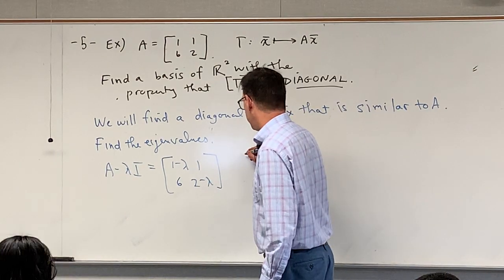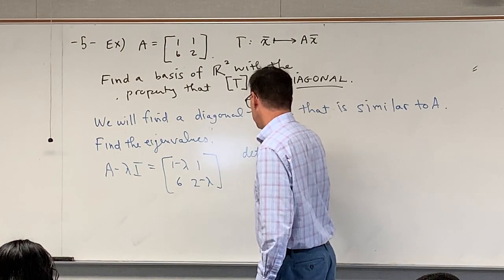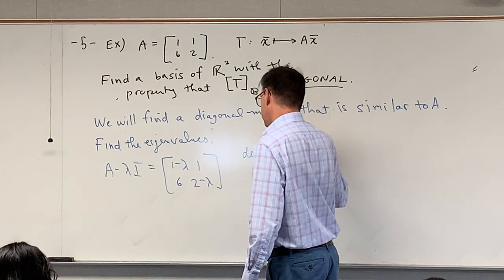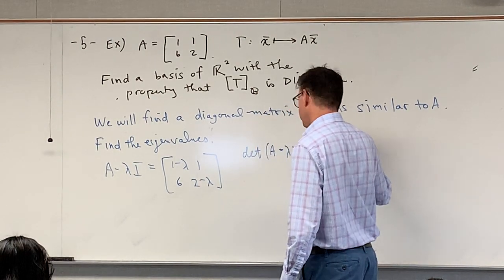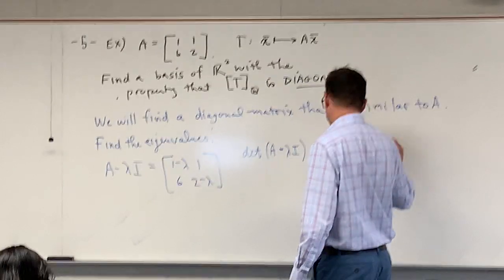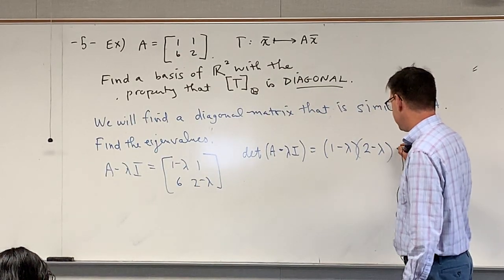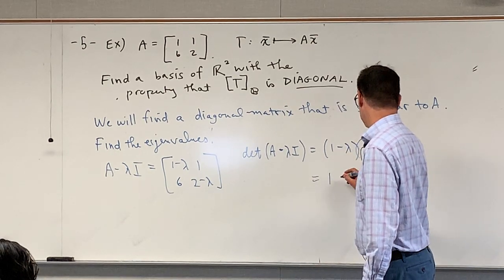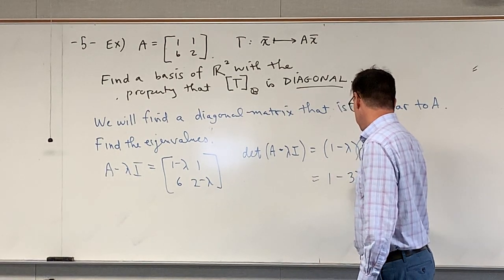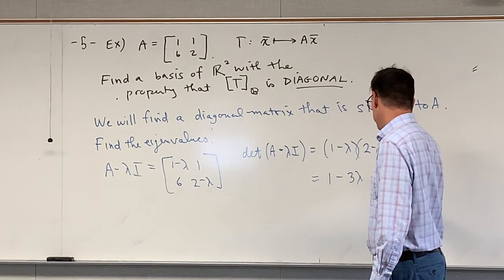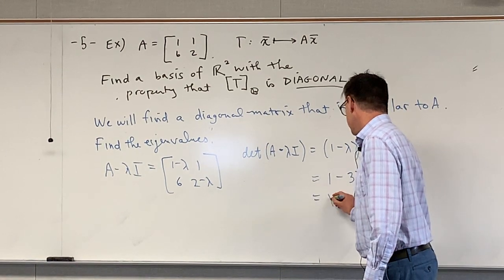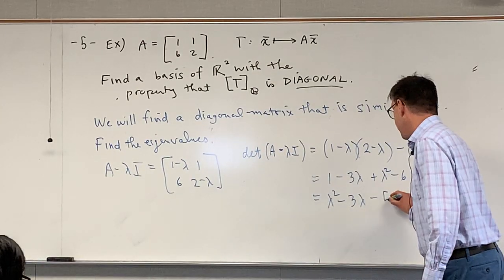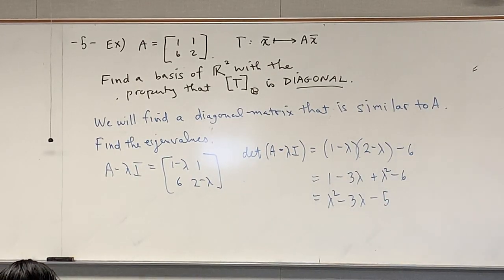And so the determinant of A minus lambda I is going to be 1 minus lambda times 2 minus lambda, minus 6, which is lambda squared minus 3 lambda minus 5. So there's our characteristic polynomial.